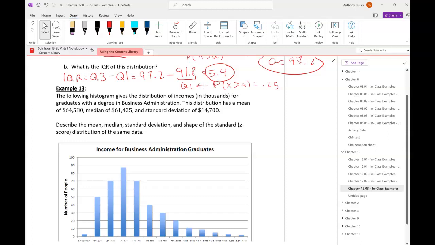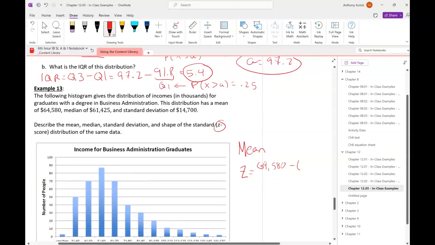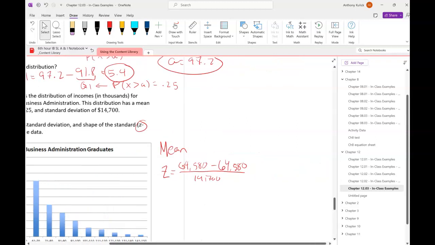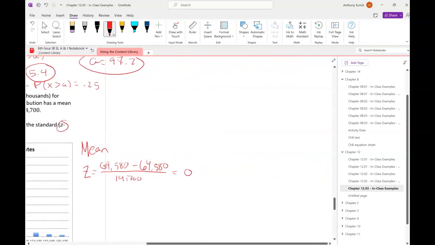How would you even describe the mean, median, and standard deviation? Well, let's do the mean first. Since it's talking about a z-score, our new mean would be the old mean minus the mean divided by the standard deviation. Or duh, we know that it's a 0, right?